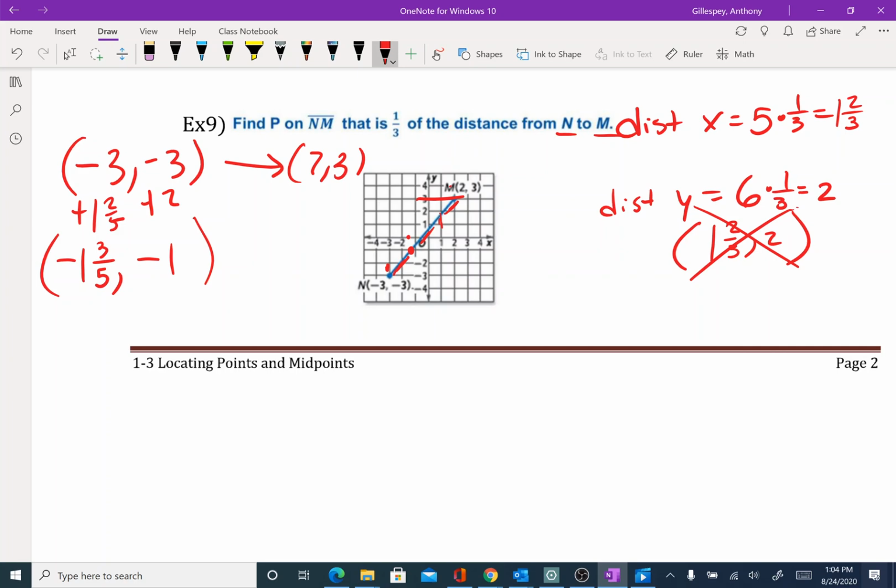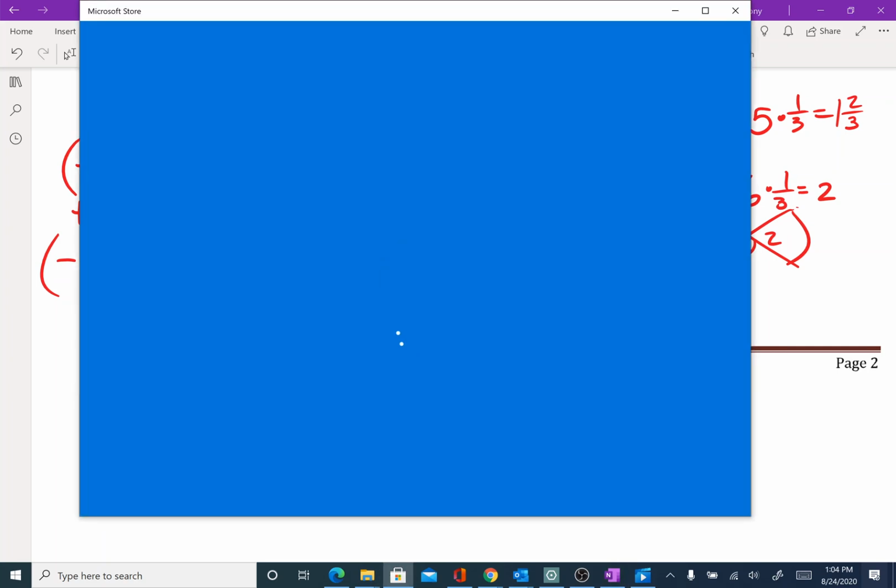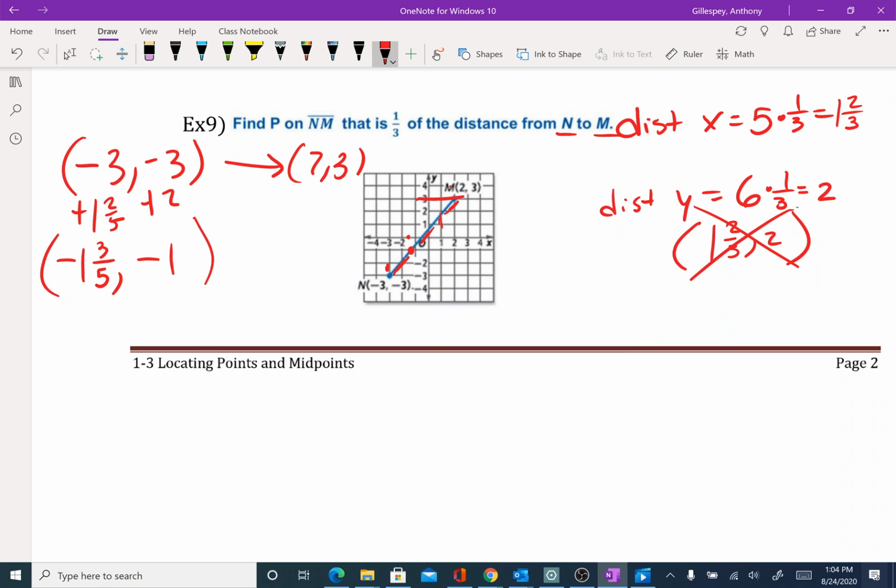Okay, now watch this. What if I wanted to go 1/3 of the distance from m to n? If that was the case, I would start with m, right? M is at 2, 3, right? Now watch this. I want to go towards n, so I'm going to go backwards on the x, and I'm going to go down on the y.